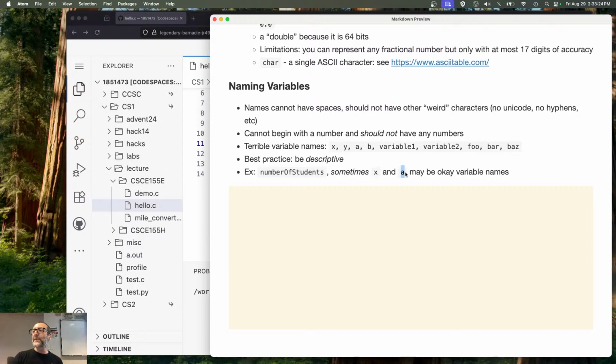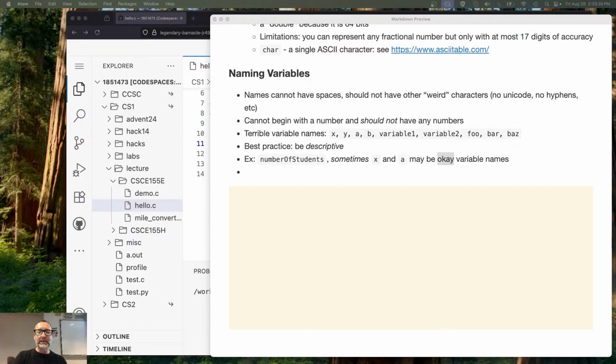Or maybe A, if it's like a coefficient to a quadratic equation or something, right? Those may be okay variable names, but really think, is there a better way of doing this, right? Another example would be in our program. Is KMS a good variable name? Right? My answer would be it's probably good enough, right?